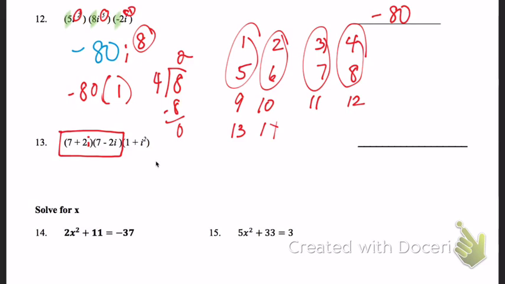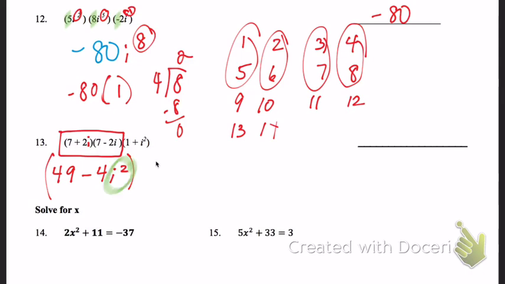So instead of foiling this whole thing out, if I know that it's a difference of squares, then I square the first term, minus, and then I square the last term, and that's what it becomes. Now, if you don't feel comfortable doing that and you want to multiply the whole thing out, that's okay. But you would end up getting plus 14i minus 14i in the middle, and they would cancel out. So this is just a shortcut.